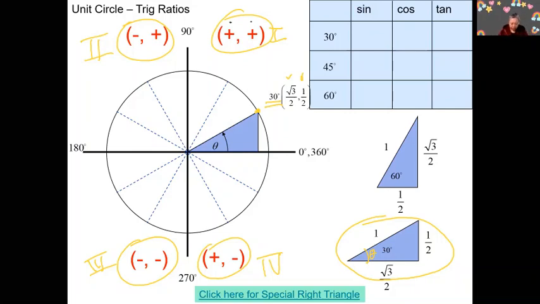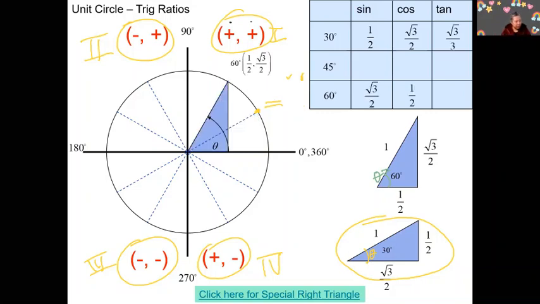Then now, move on to 60 here. So now theta becomes 60, right? Then imagine that we are putting this 60 degree angle there.